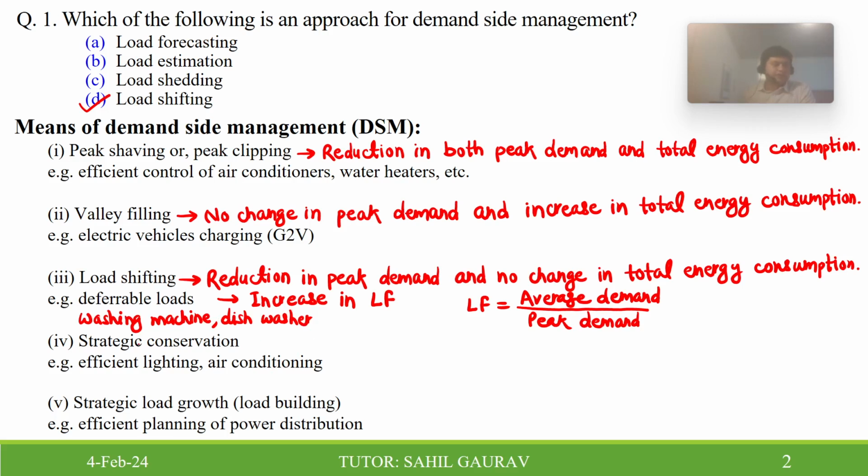Now the fourth management strategy, strategic conservation. In this case, we shift the whole load curve downwards. In strategic conservation, there is reduction in both peak demand and total energy consumption.